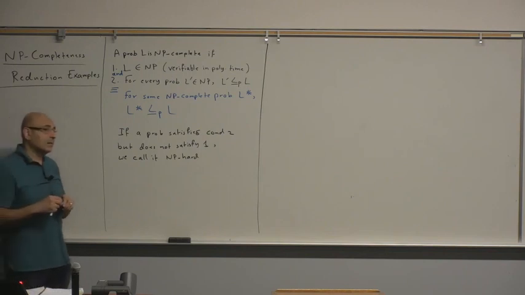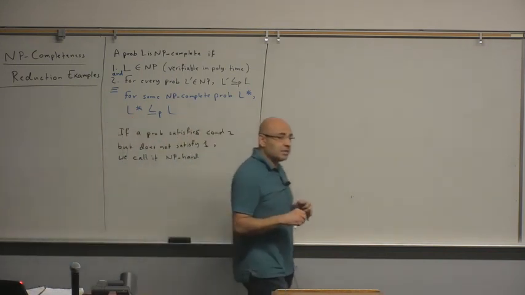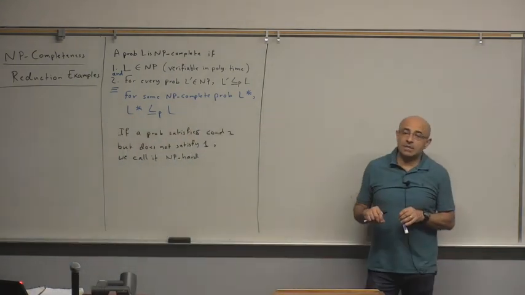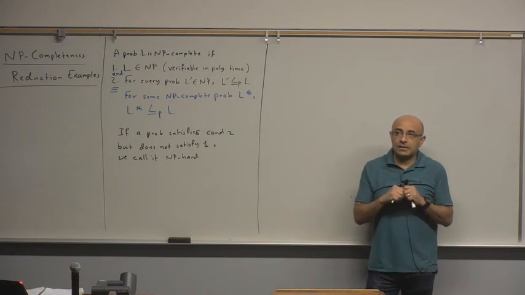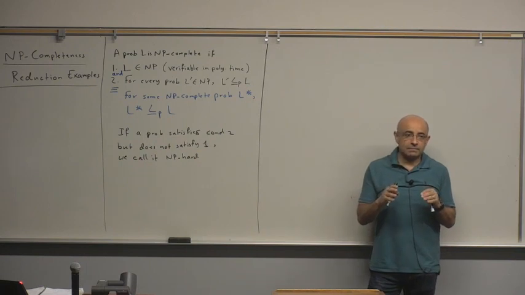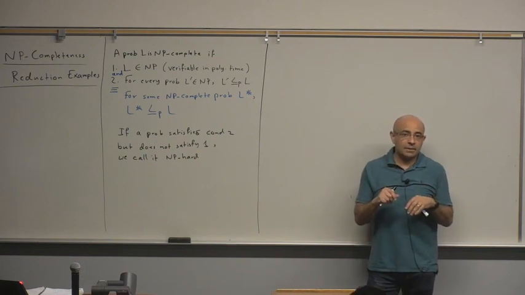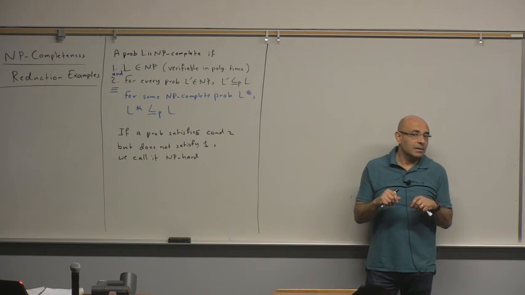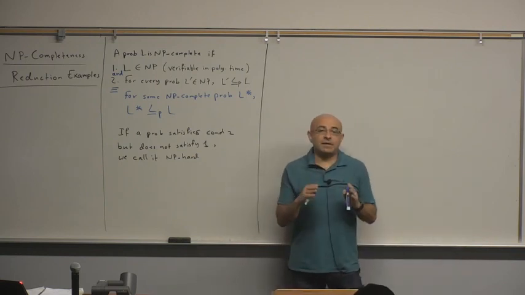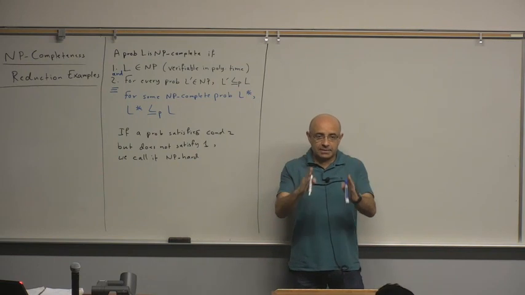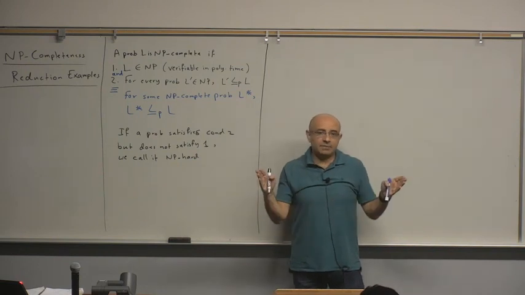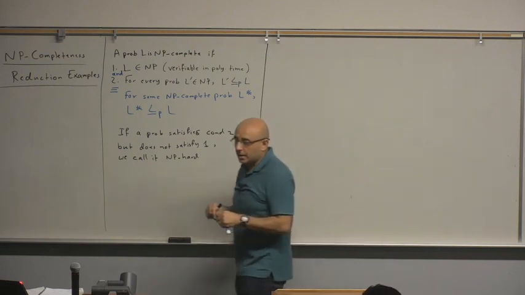Yeah, so the optimization version of the traveling salesman problem is NP hard because the optimization version does not belong to NP. And why doesn't it belong to NP? Because you cannot verify a solution in polynomial time. If someone claims that this is the solution, you can't verify if it's optimal or not in polynomial time.